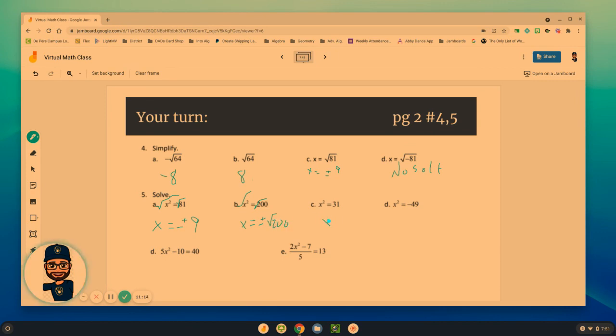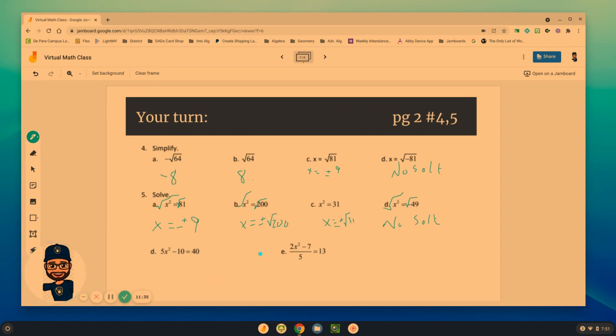Same thing here, x equals the plus or minus square root of 31. When we take the square root on letter D, we end up trying to take the square root of negative 49, which again means no solutions. So those ones are all what I would call one-step straightforward solving.